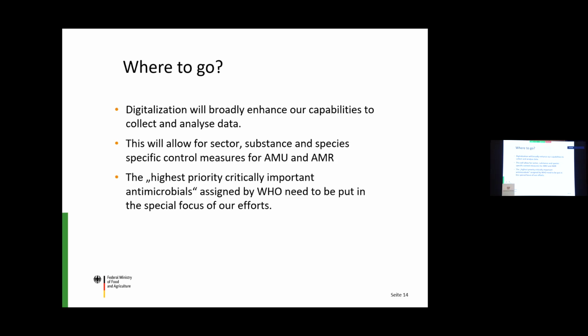And we will, of course, and this is our recommendation, put a special focus on the highest priority, critically important antimicrobials as assigned by WHO.